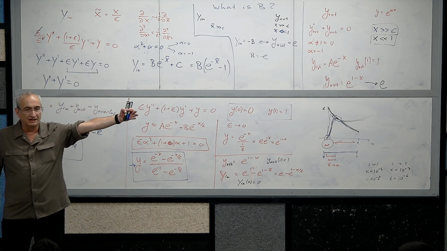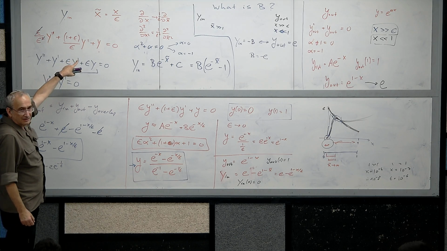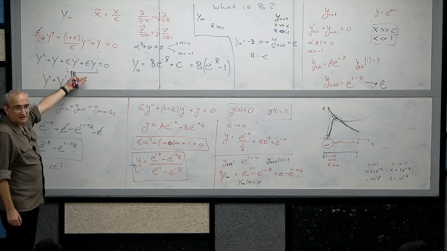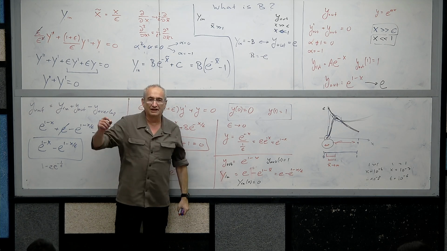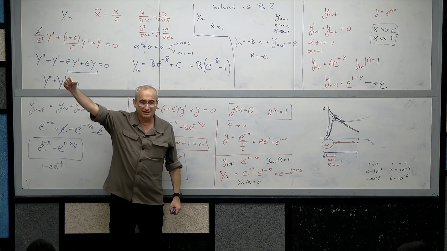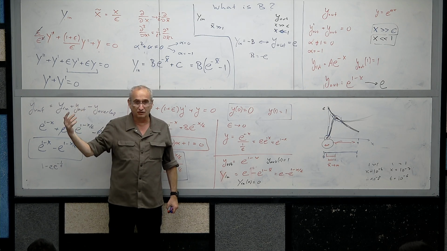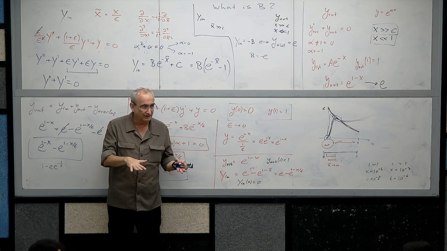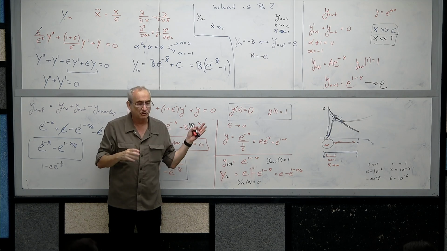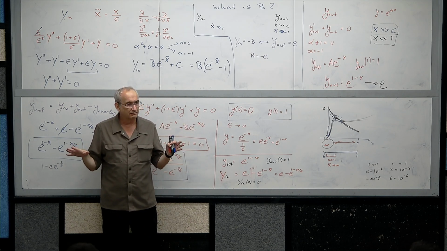Solve it in the inner after this transformation, and then you have a solution in the inner with two constants. One of them is decided by the left boundary condition. The other one is decided by the matching. Questions so far?